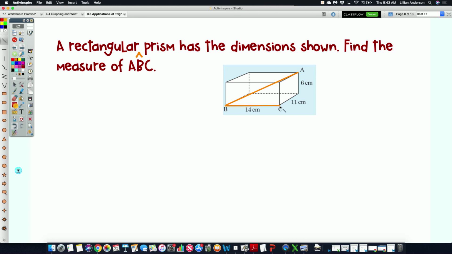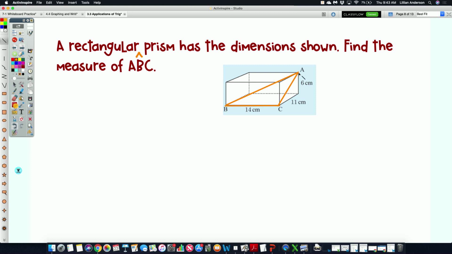Since A and B lie on your diagonal plane, but C lies on a different plane, we're going to have to create our own triangle, like so. If that rectangle was a block right in front of us, that triangle would be slanted just like that.